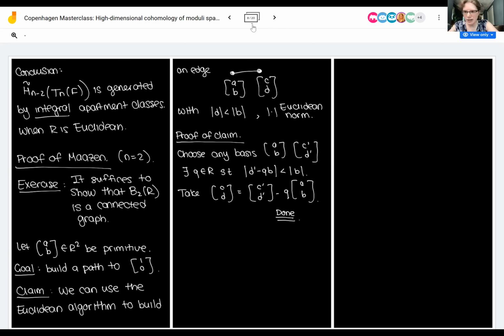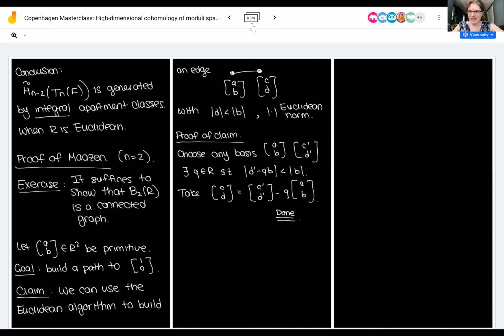There was some work I did with Jeremy and Peter and Dan Yasaki, where we showed that for the known collection of quadratic number rings that are PIDs but not Euclidean, this generation by integral apartment classes fails in that case.